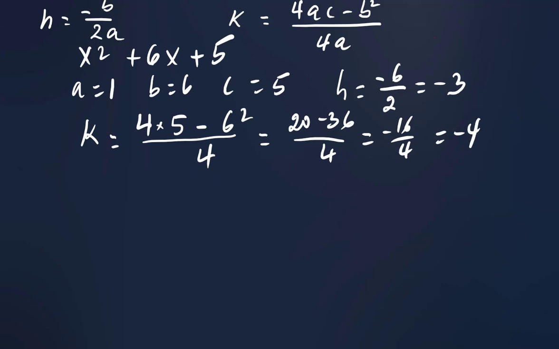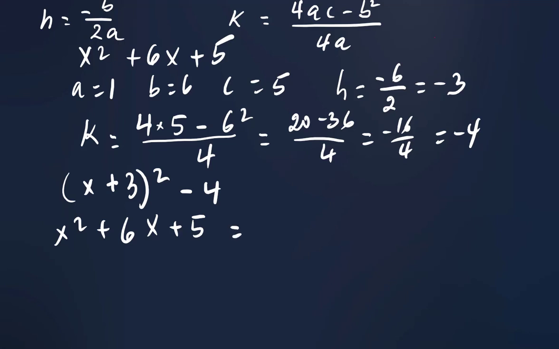So that function can be written as a is equal to 1 factoring (x minus h), h is negative 3, so x plus 3 squared, and then plus k, which is negative 4, so minus 4. Finally we can say that x squared plus 6x plus 5 is equal to (x plus 3) squared minus 4. Okay, but you don't have to remember these formulas.